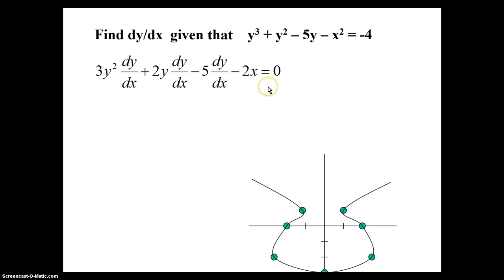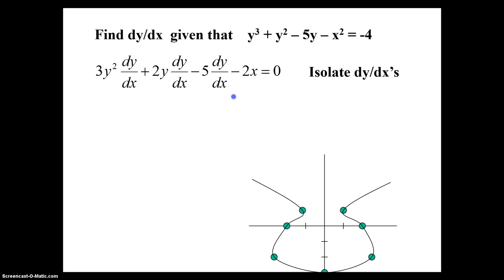Okay, so our main method here is to actually get dy/dx by itself. So what we need to do here is either move some things around and collect like terms so that we can get our equation to be equal to dy/dx. So in this case, let's go ahead and isolate the dy/dx's.